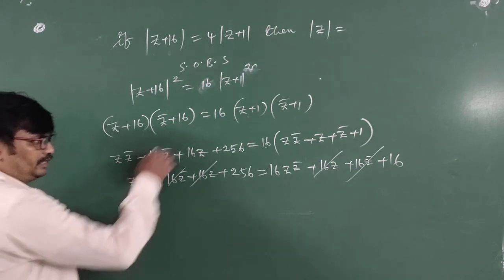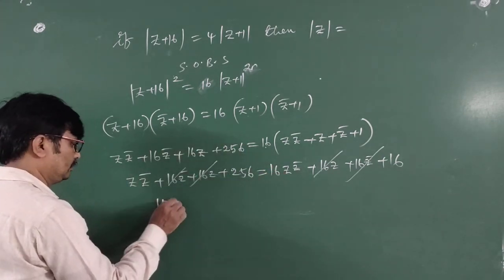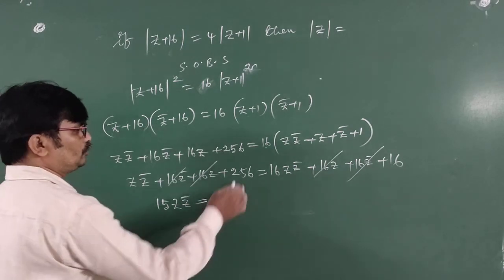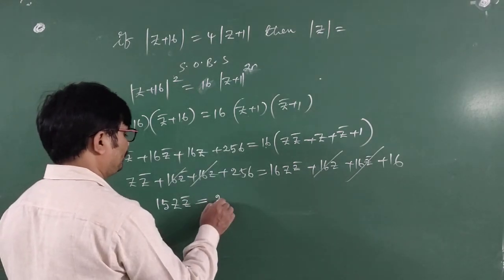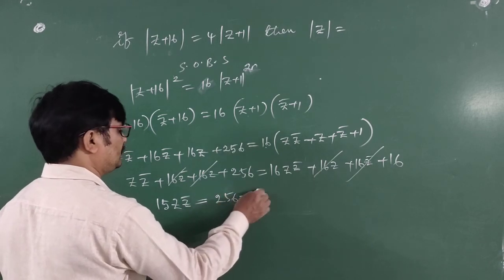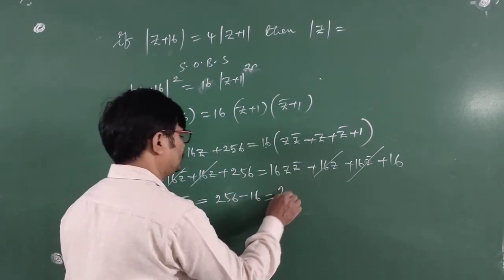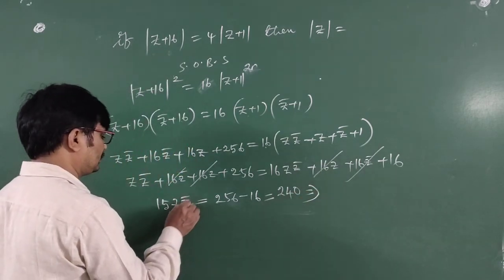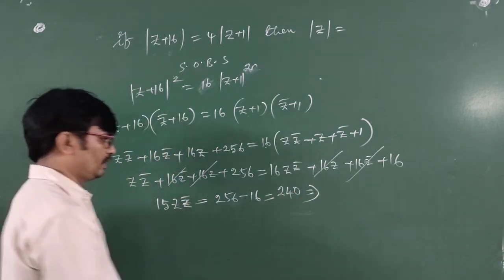Now students, sending to the other side, 15 z z bar equals 256 minus 16, which is 240. The z z bar is nothing but mod z square.